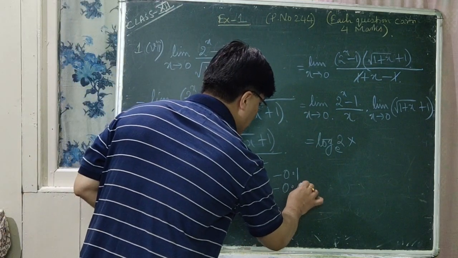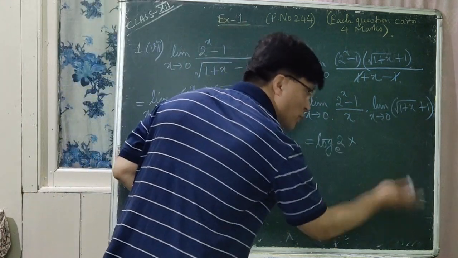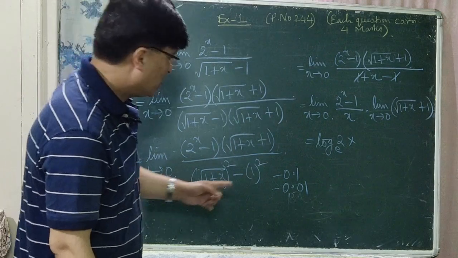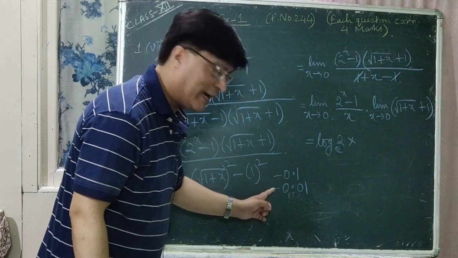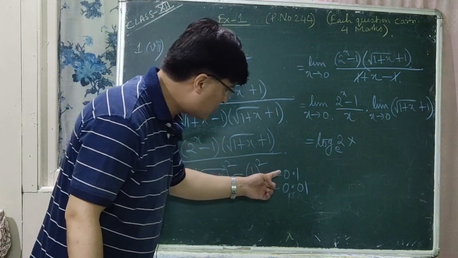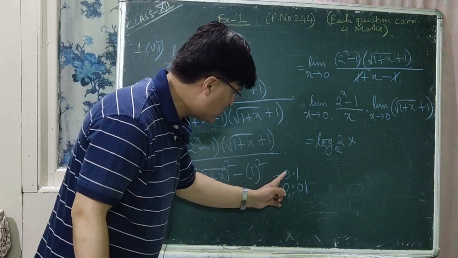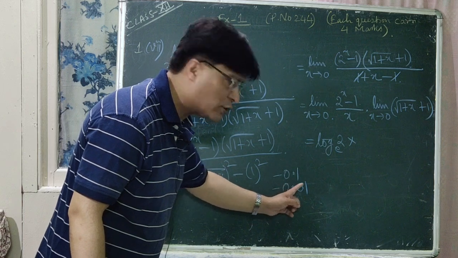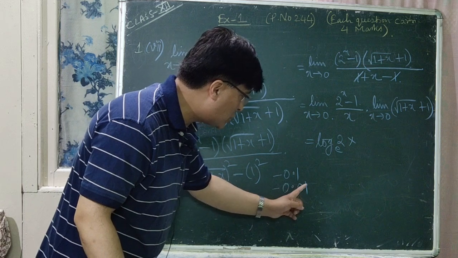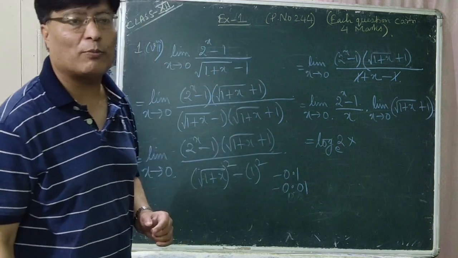Minus 0.01 is also approaching towards 0. Which one is greater out here? Minus 0.1 and minus 0.01 are there. So among these two numbers, which is greater? That is, minus 0.01 is more than minus 0.1.